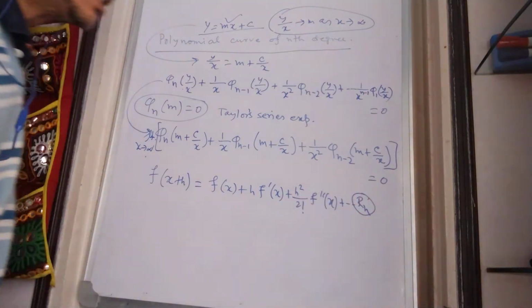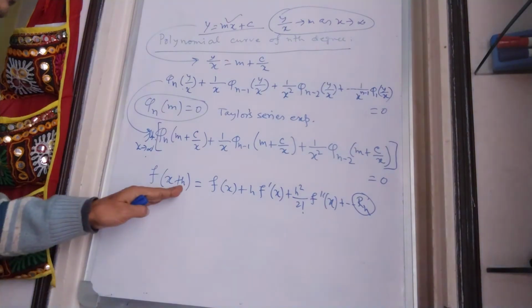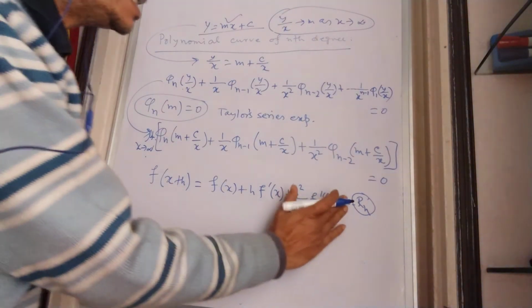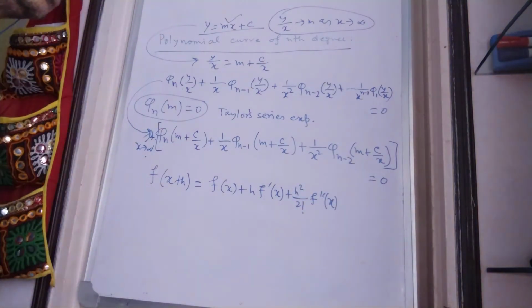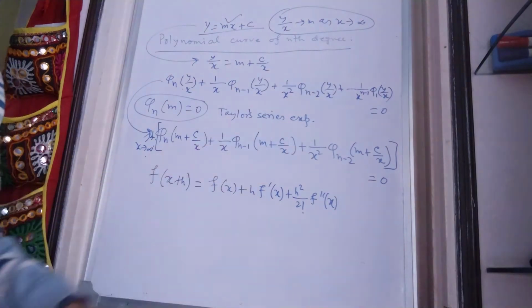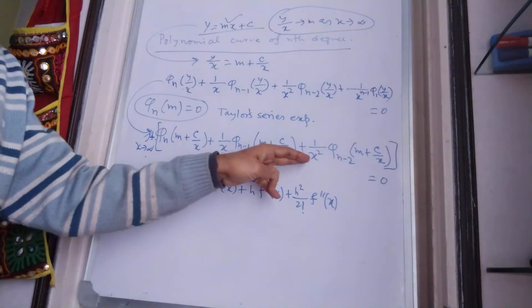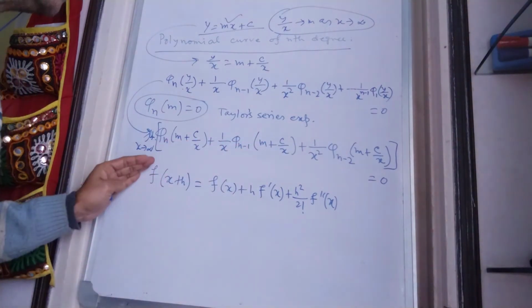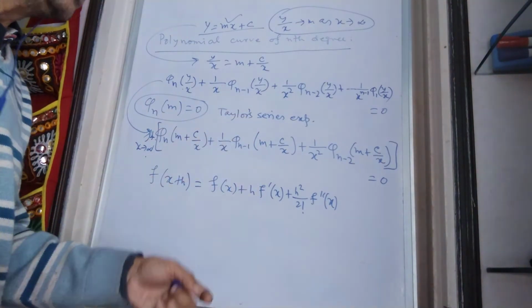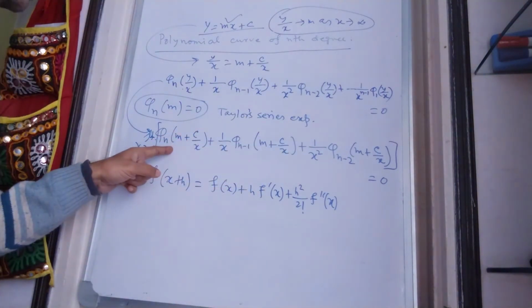Let us forget about this Rn, because since this h is very small, we just use these three terms. Just as we skipped all the terms with power more than square, since x is very small, 1 by x cube will be much smaller compared to these two terms.